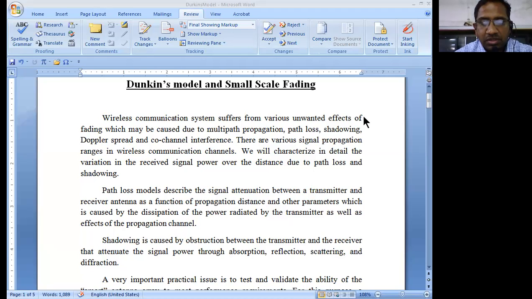In this class, we're going to discuss unit number 2 with the Dunkin's model and small scale fading. This Dunkin's model is basically a technique normally used to find out the amount of fading in the received signal when it is transmitted via very big terrains.